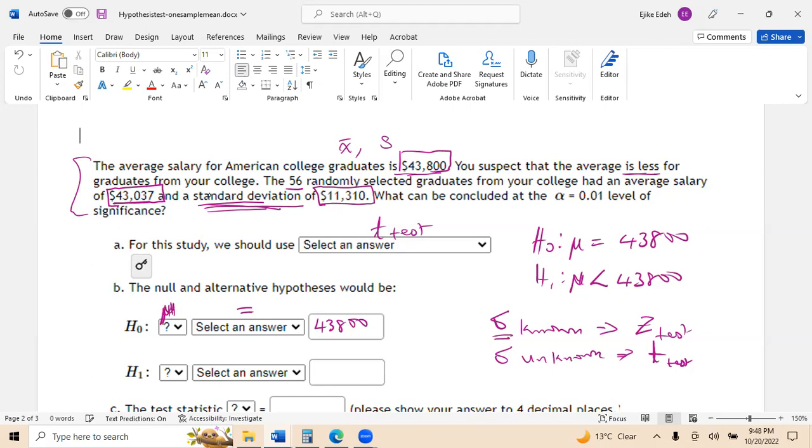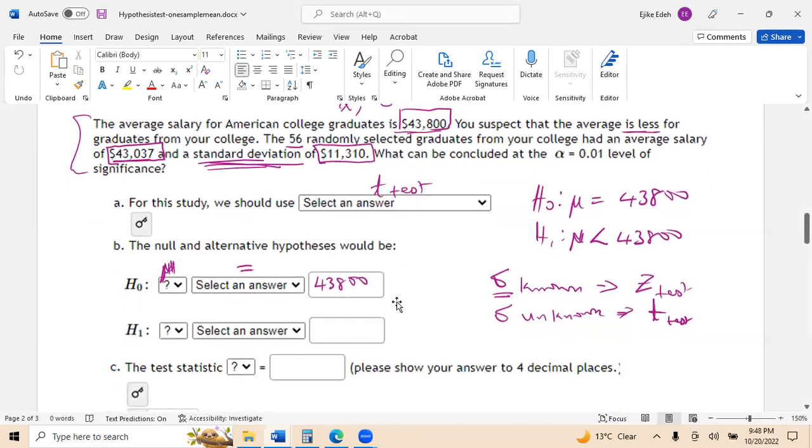That's what goes into your hypothesis statement. For the alternative, we select that the mean is less than, because the question says you are suspecting that it's less. So our value here will be less than 43,800. So we've answered questions A and B.